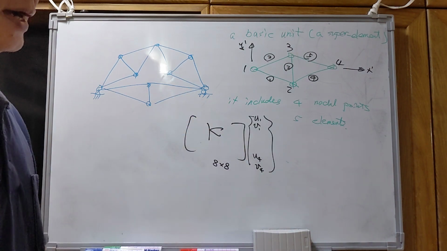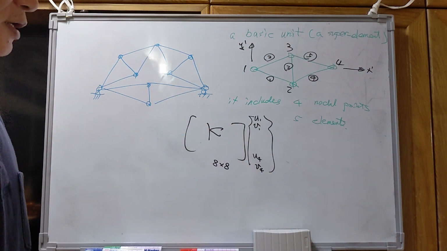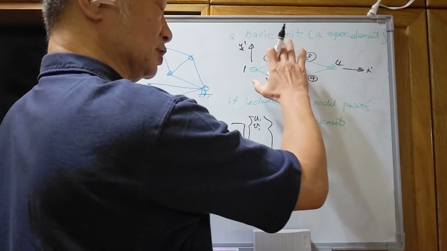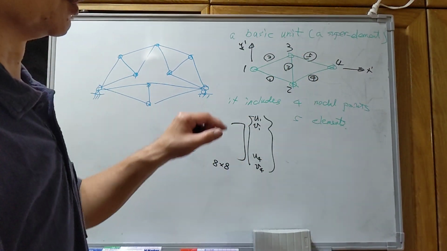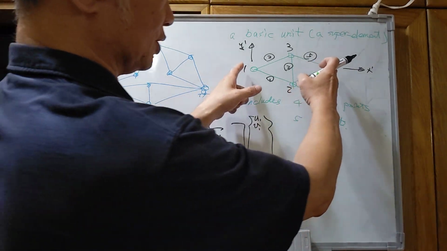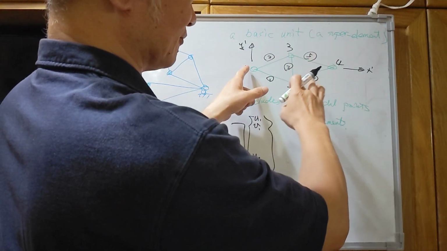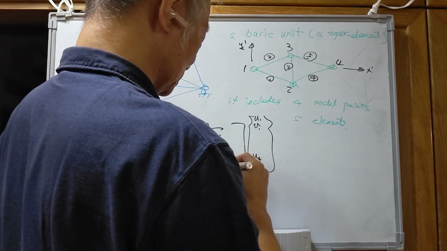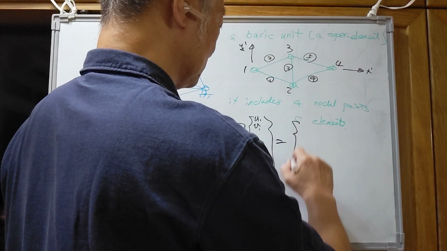It is an 8x8 matrix, and for this matrix we assume there is no member loading, which means we do not have external loads applied to node point 2 and node point 3.